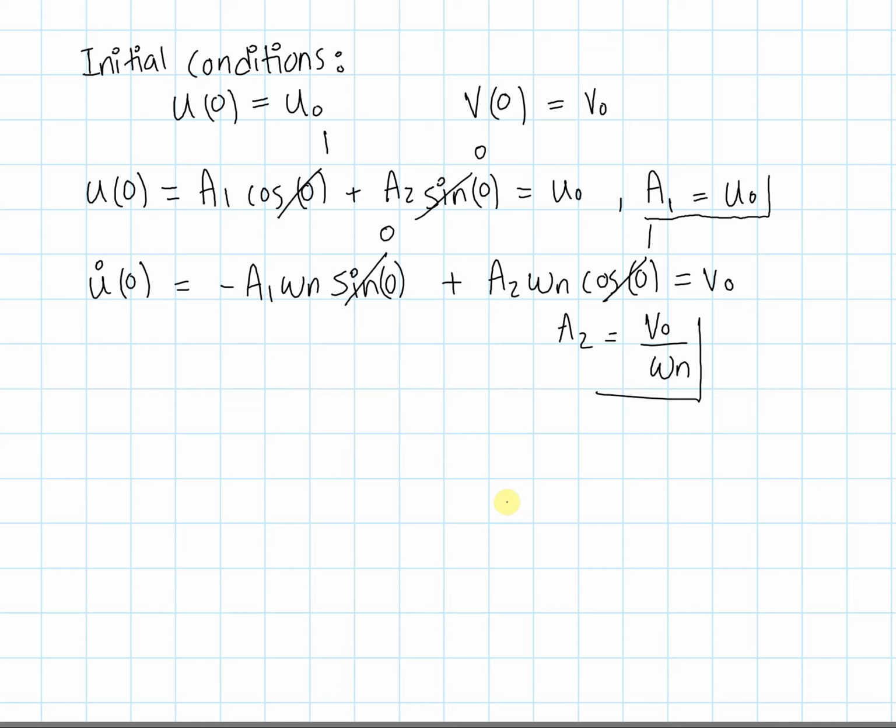So the general solution to the undamped equation of motion can now be written as follows. So let's choose a different color.